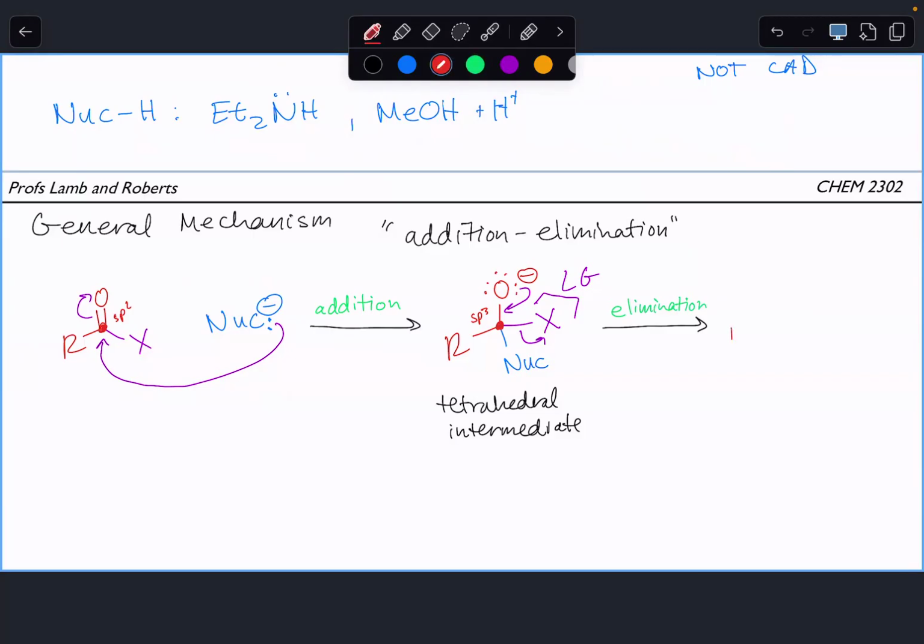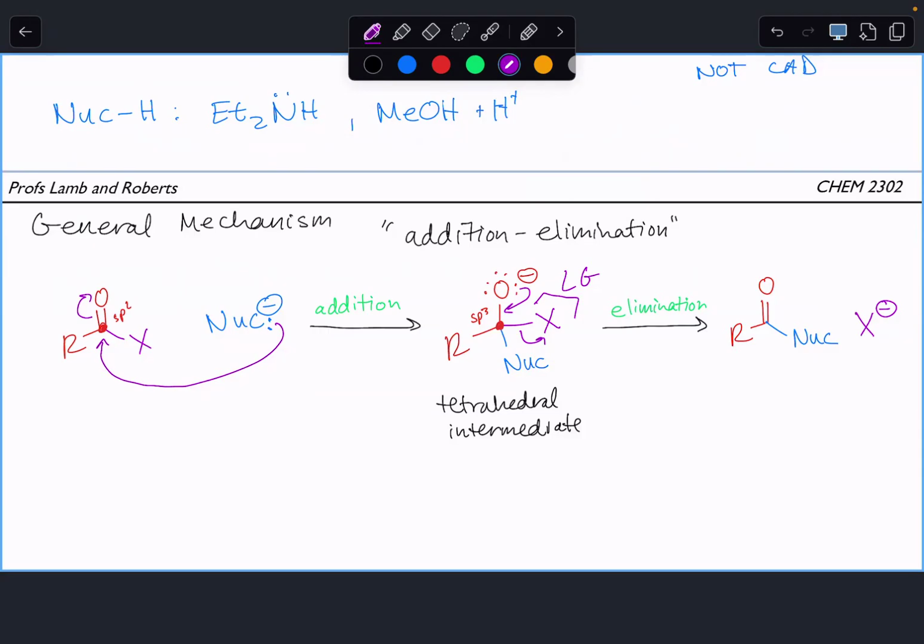So what have we done? We have remade our carbonyl, but now instead of having a bond to X, we have a bond to the nucleophile. And our X has left, in this case, as X minus. That's it.